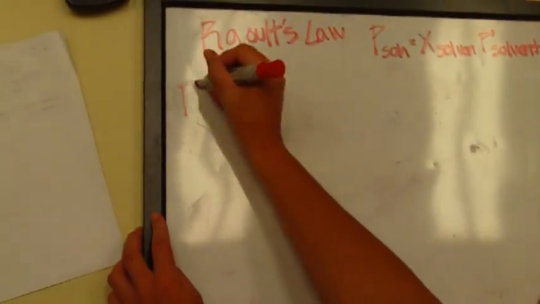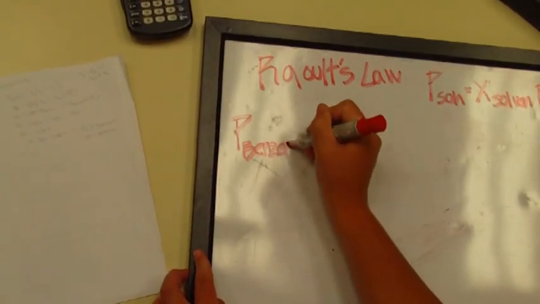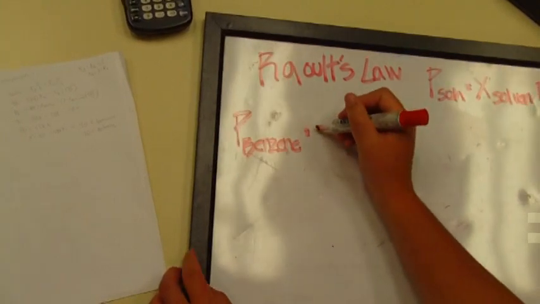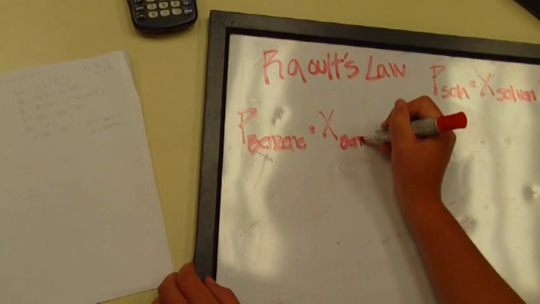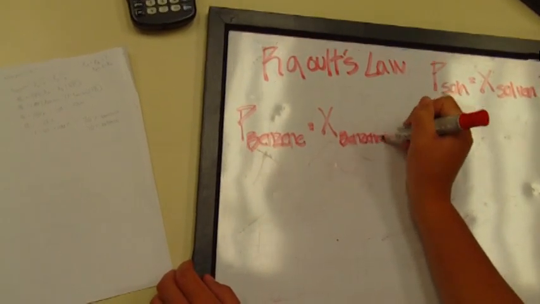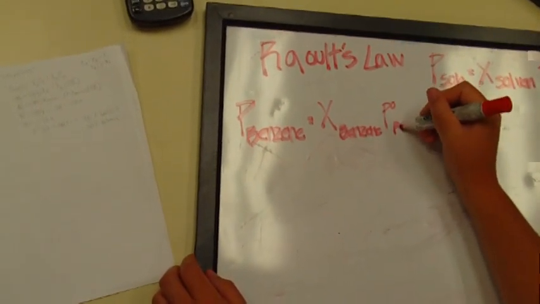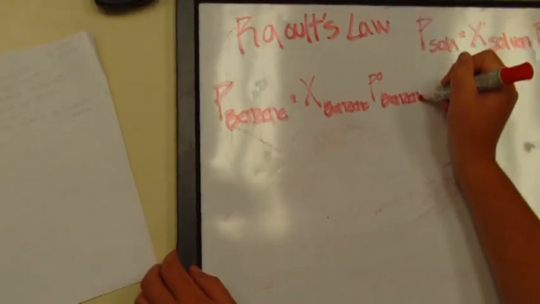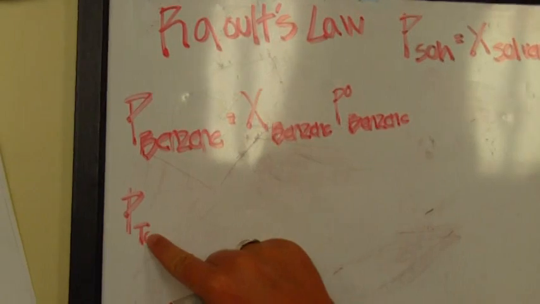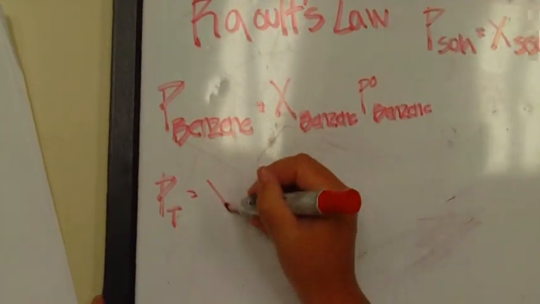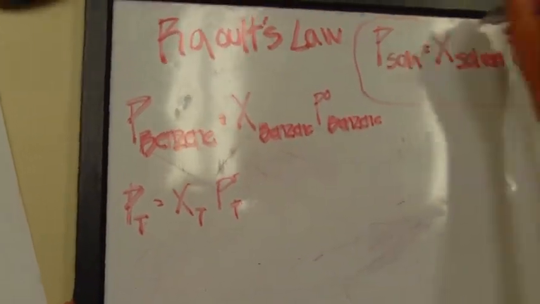So the pressure of the benzene is going to equal X, the mole fraction of the benzene, times the partial pressure of the benzene. And again, the pressure of the toluene, which we'll abbreviate as T, equals X of T times P of T, which again we got from Raoult's law.